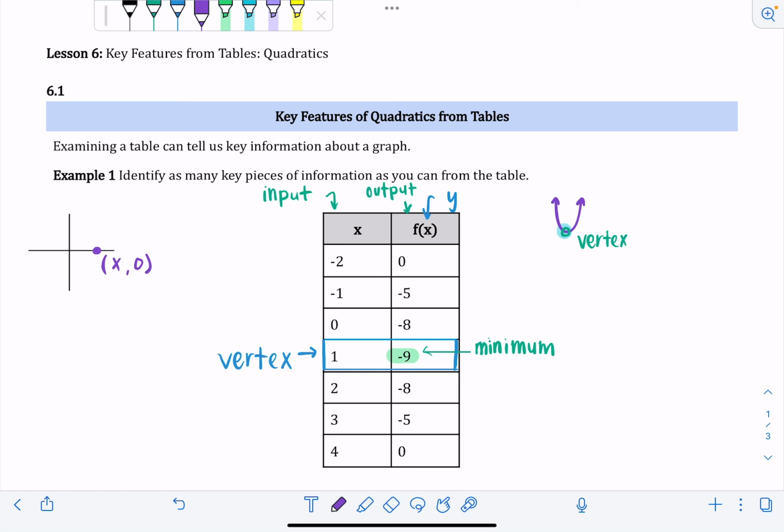So if we have any points on our table that have a y coordinate of 0, those would be x-intercepts. We have 2 of those points. Right here, there's a y coordinate of 0, so that's an x-intercept. And then down here, there's also a y coordinate of 0, so that's also an x-intercept.